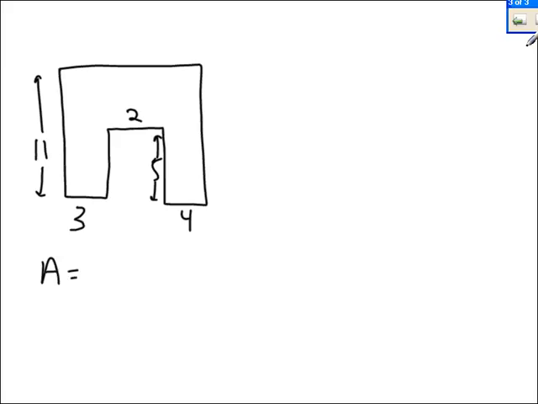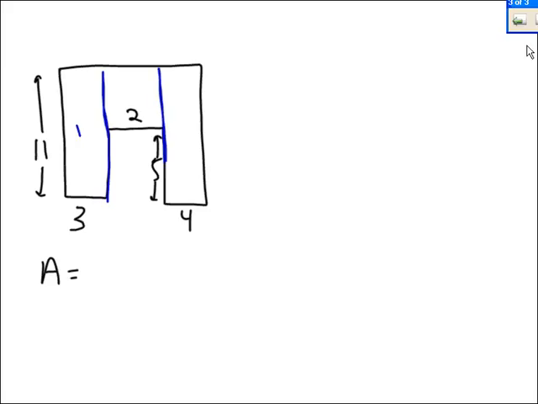The idea is to somehow partition this so we get rectangles. Remember, a square is just a special rectangle. We get rectangles or triangles. We're mostly going to deal with rectangles. I can go like this, straight line, and I can go like this.